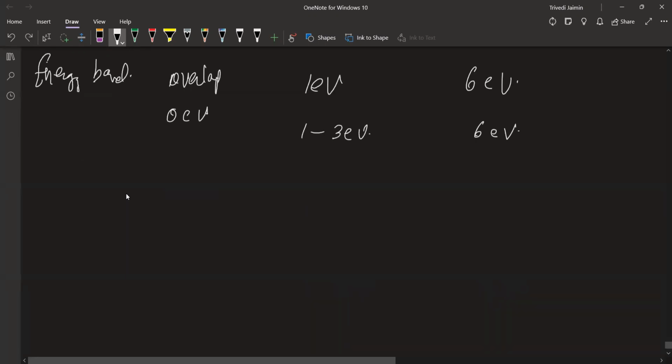If you go for semiconductors, you know examples, right? Ge band gap is 0.67, silicon 1.14.